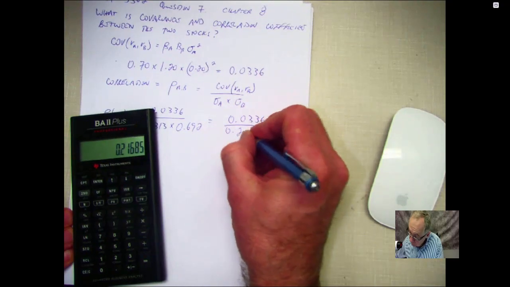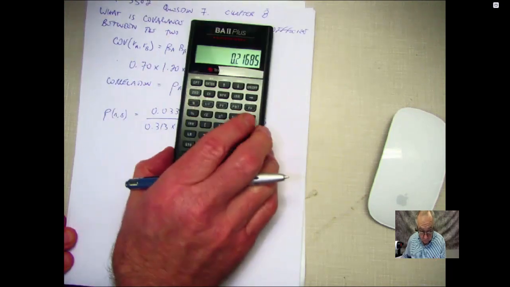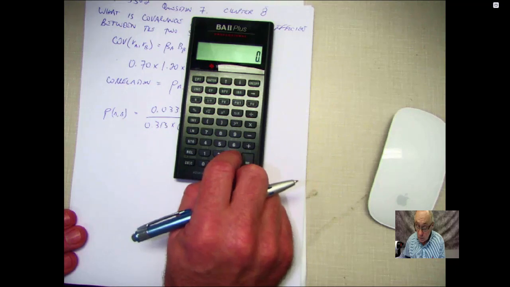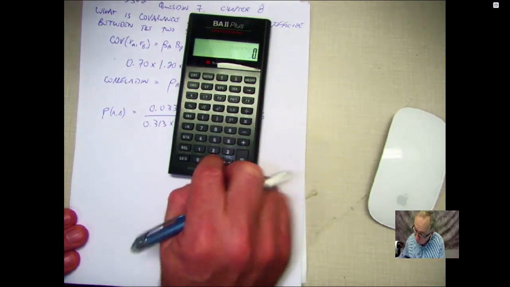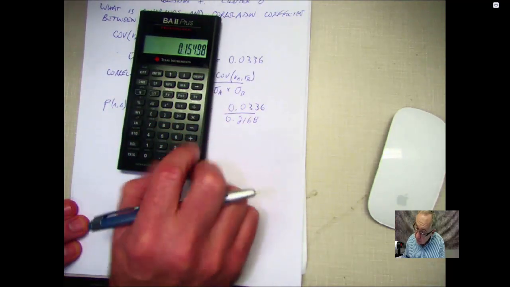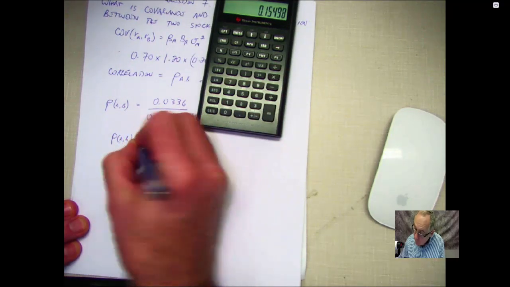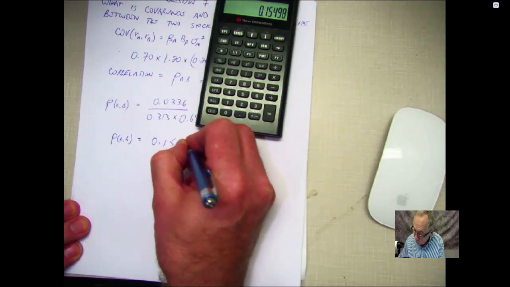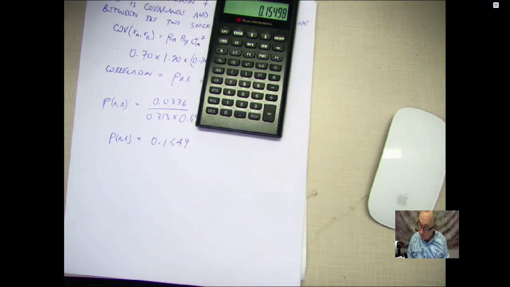The product is 0.2168, and 0.0336 divided by 0.2168 gives rho for A and B, or the correlation coefficient, of 0.155, or rounding a little bit, 0.155.